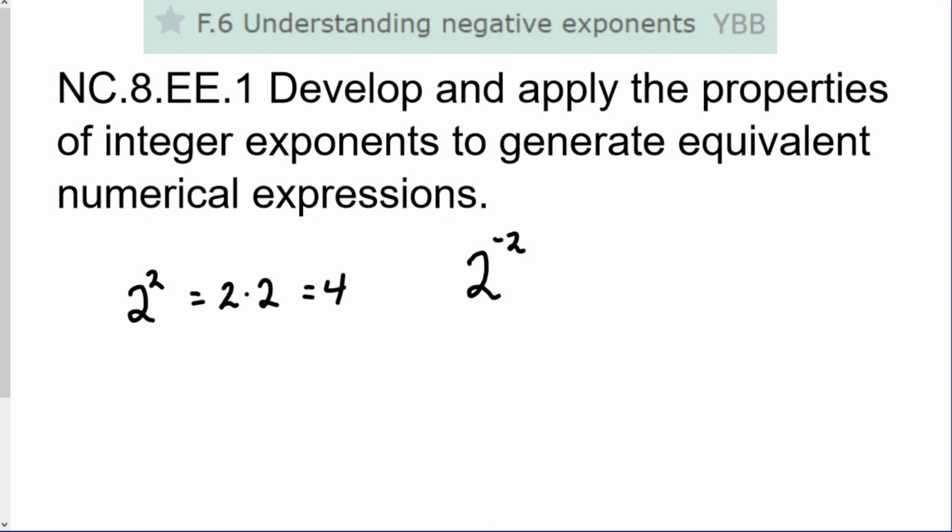Now, one thing you need to keep in mind is that this negative is a little bit different than if this was a negative 2. A negative 2 and a negative exponent are not exactly the same thing. So if a positive 2 means to multiply, what do you think a negative exponent would mean?